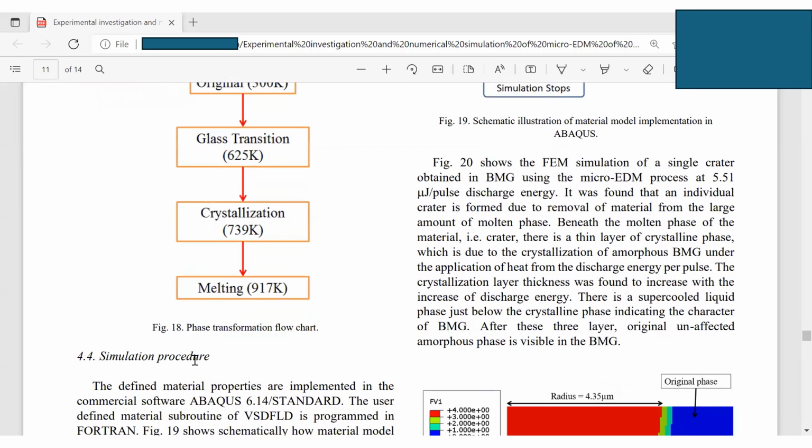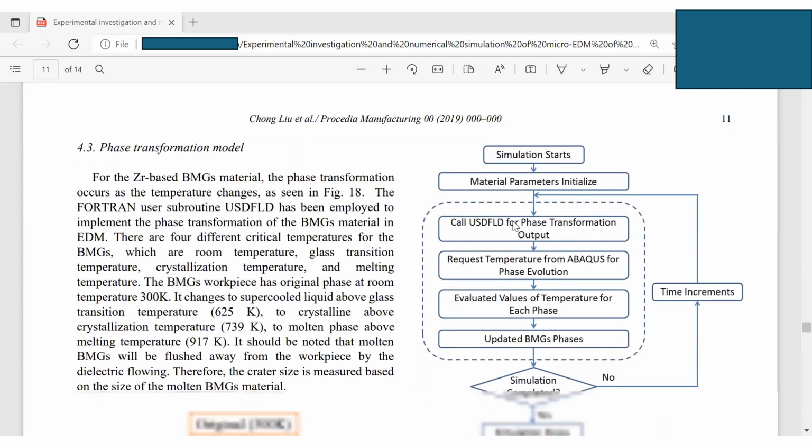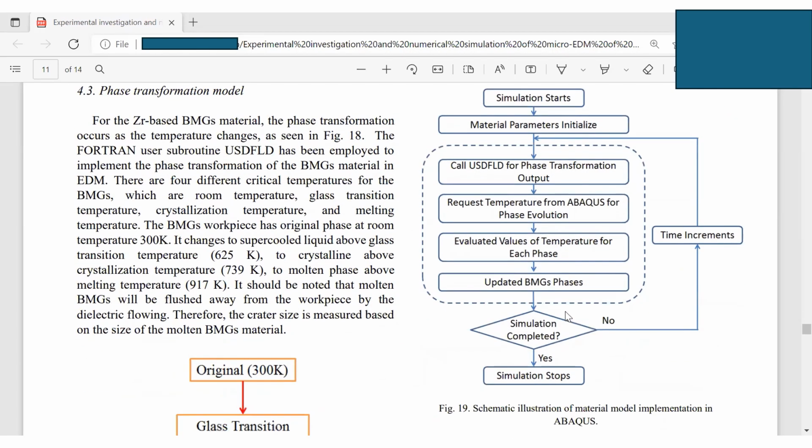And the simulation procedure is very similar to the one we have. So this is very similar, but I rewrite this equation because you cannot use anything from previously published papers.